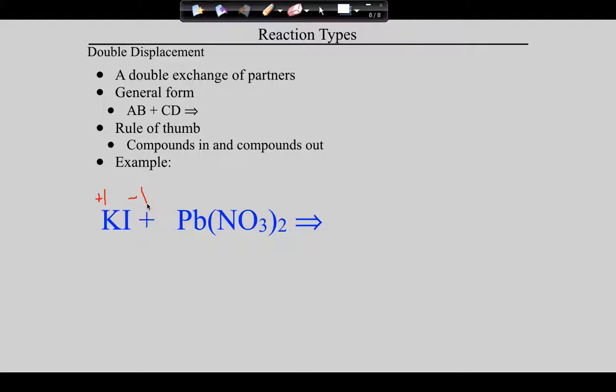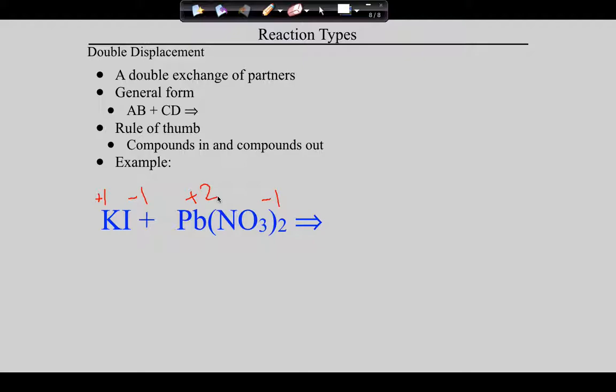So we look up nitrate on our polyatomic ion chart. Work it backwards never goes away. So guys, nitrate is -1. -1 times 2 is -2, +2, +2 divided by 1 is 2. So this is lead 2 nitrate.